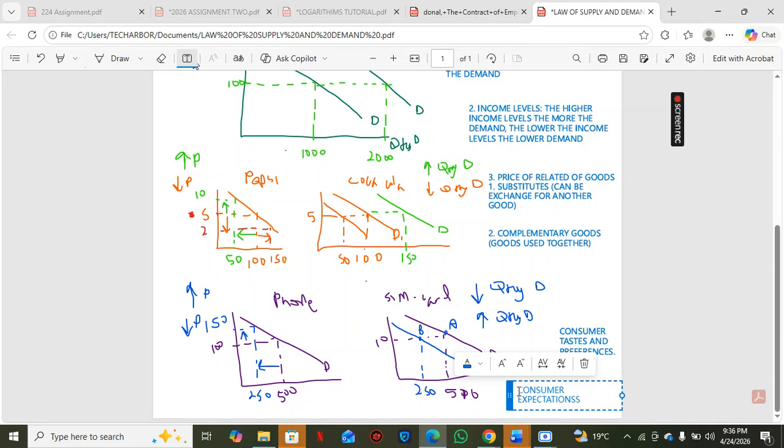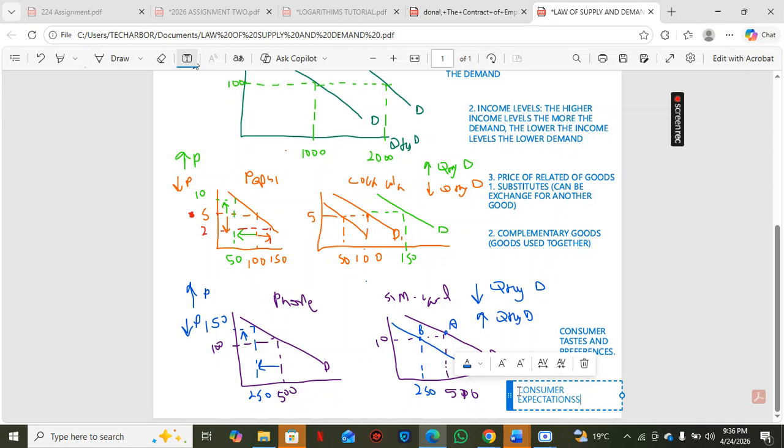Other factors can also be social and professional influence. If a celebrity endorses a certain product, people are going to want to buy that product. We see this with Nike and Adidas. They always put a celebrity there because they know celebrities can pull in crowds of customers.